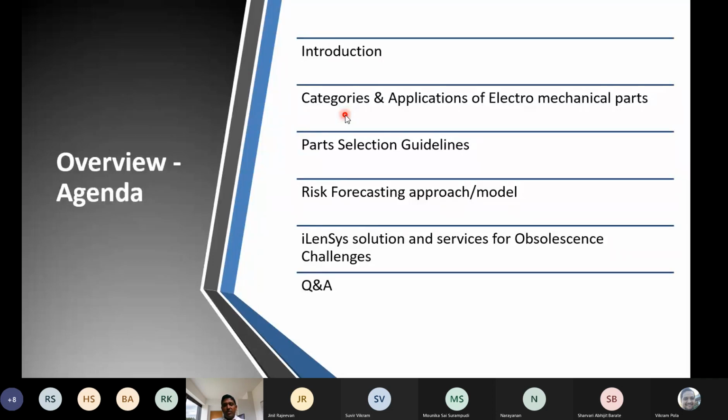In that we will talk about the categories and applications of electromechanical components, part selection guidelines, and we'll briefly touch upon the risk forecasting approach that we apply in iLenSys. And then in the last couple of slides, I'll briefly touch upon, beyond electromechanical in general, what we do when it comes to obsolescence management in our solution. And then at the end of the session, we will open it up for Q&A.